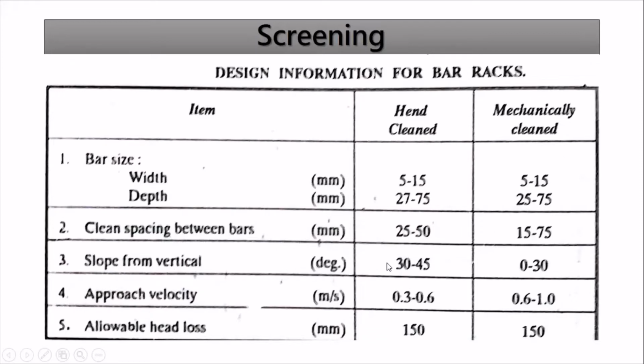Slope from vertical in degrees is 30 to 45 for hand clean and 0 to 30 for mechanical. Approach velocity in meters per second is 0.3 to 0.6 for hand clean and 0.6 to 1.0 for mechanical. Allowable head loss in mm is 150 for both hand clean and mechanically clean.